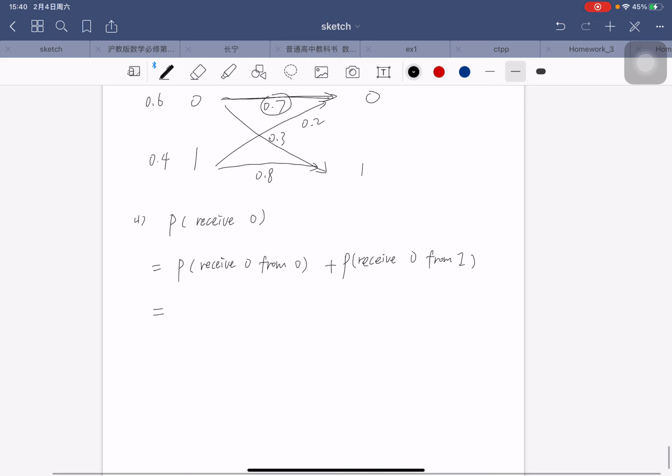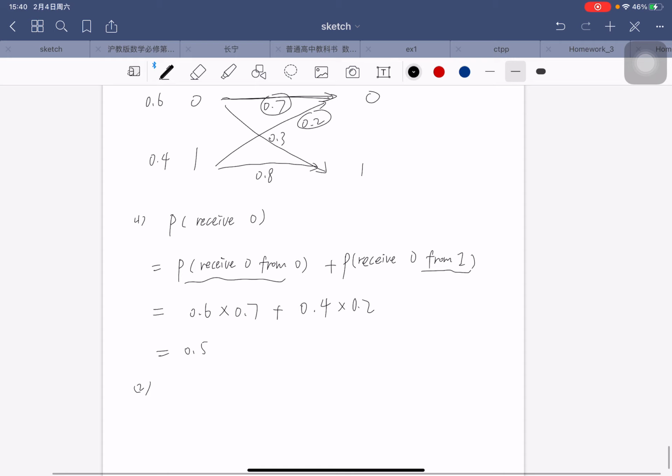So the probability for this case is 0.6 multiplied by 0.7, and for the other it is 0.4. It means it comes from 1 and it goes to 0, so we take this route, so it is multiplied by 0.2. So the answer is 0.5.